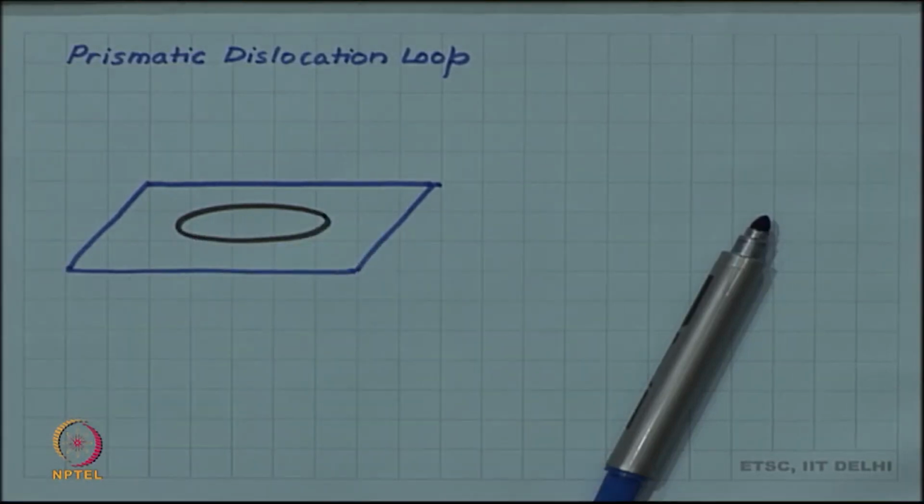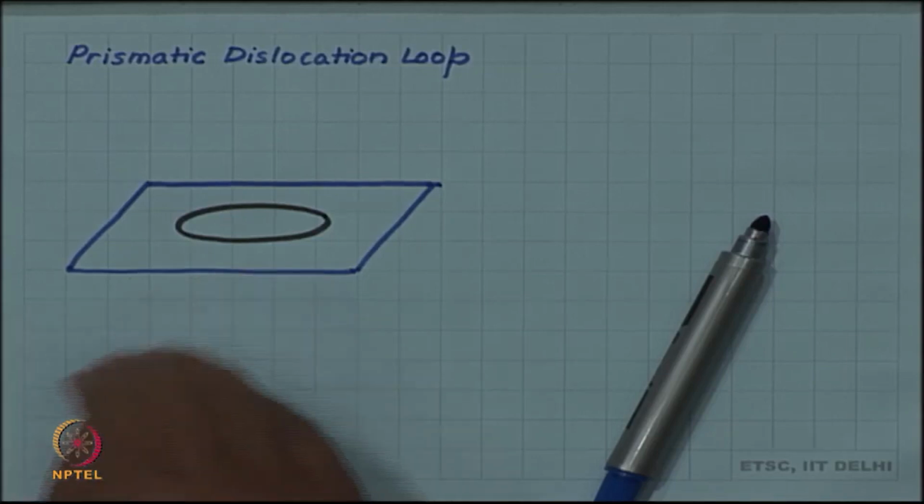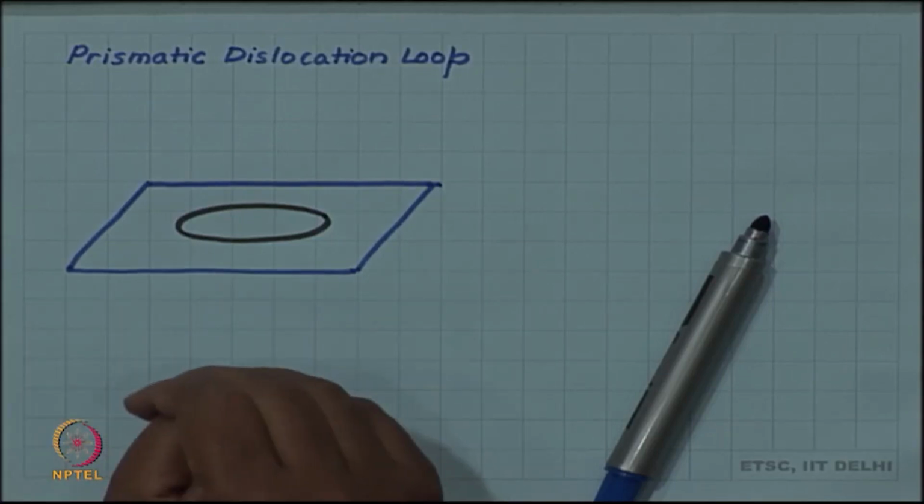Now, let us say that I wish to make this loop everywhere an edge dislocation. Unlike the previous loop which we considered, which was edge at two locations, but was screw at two other locations and was mixed everywhere else, I want to make this loop lying in this plane edge everywhere.